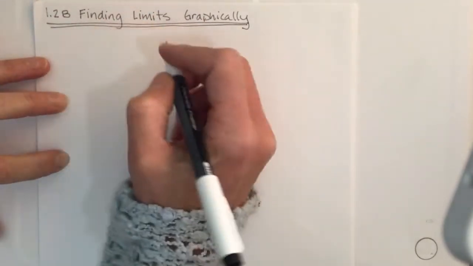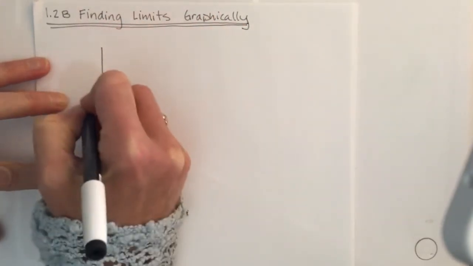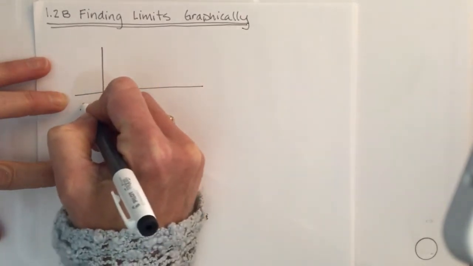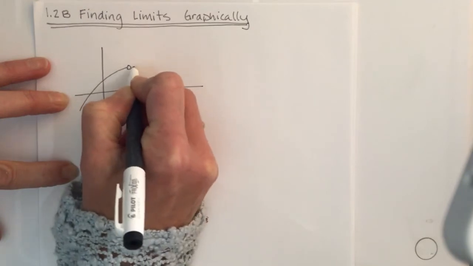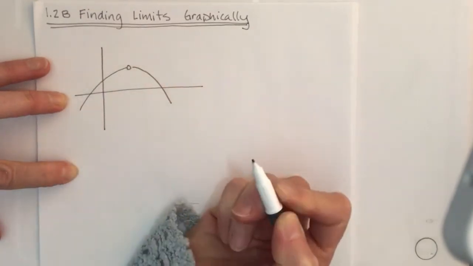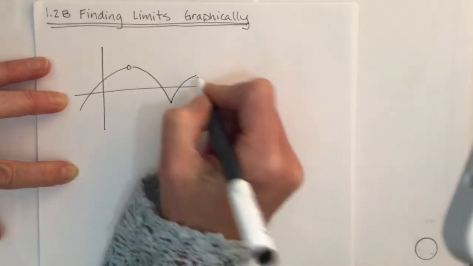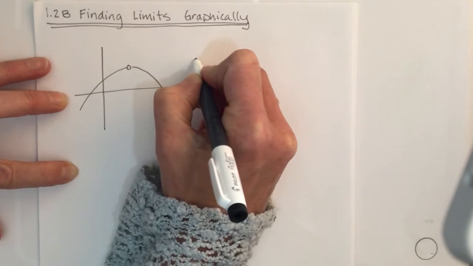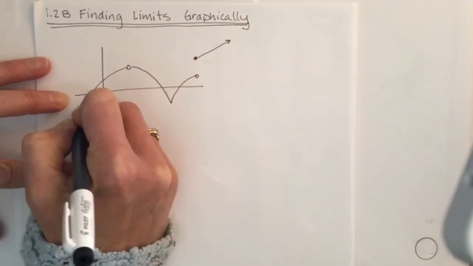What is a limit? If we look at a graph, let's say we've got a nice hole here, and then we come up and another open circle, and then let's say we've got a line here.